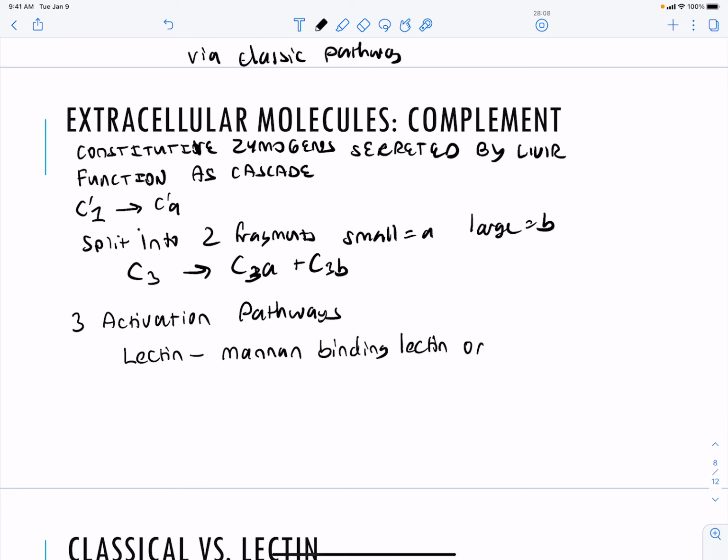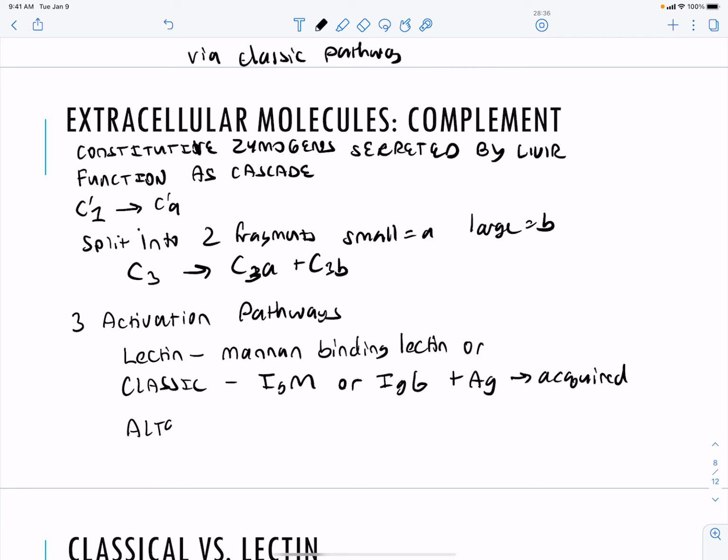Or we have the classic pathway, which is IgM or IgG, plus antigen. And so this is acquired. We have the alternative pathway, and this is going to be C3 spontaneous.